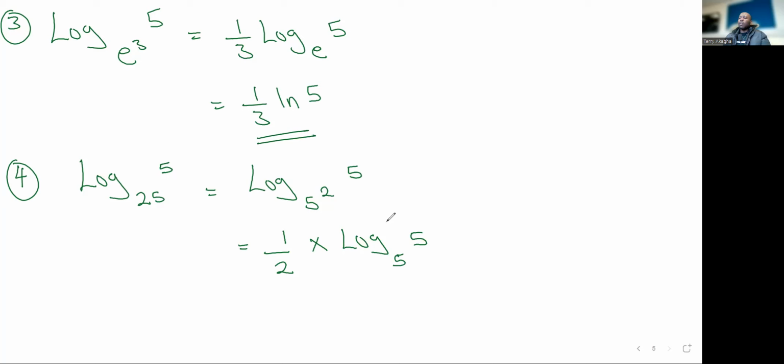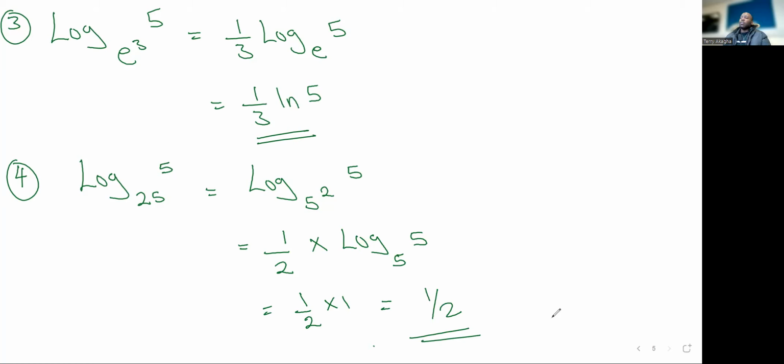And we'll talk about this rule very soon. It's one of the rules down the series, but basically when the logarithm value and the base are the same, it is equal to 1. So that will give us what? 1 over 2 times 1, and that will give you 1 over 2. Okay, and that is that for that.